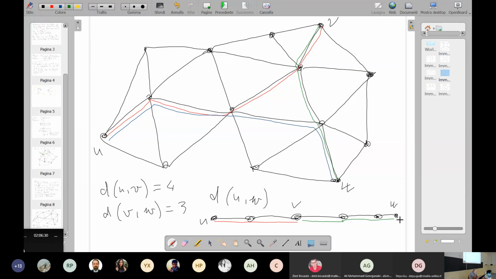But it was hidden to you that the graph actually contained also these two.